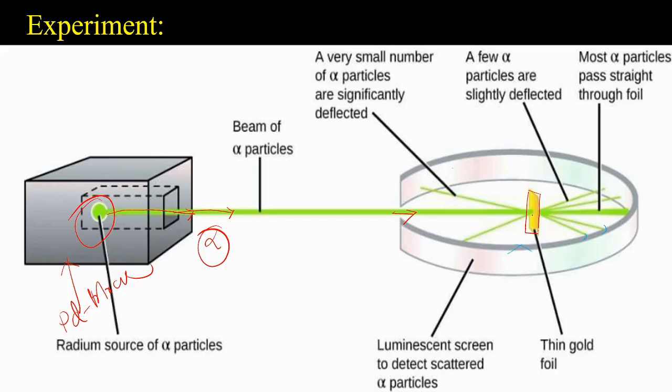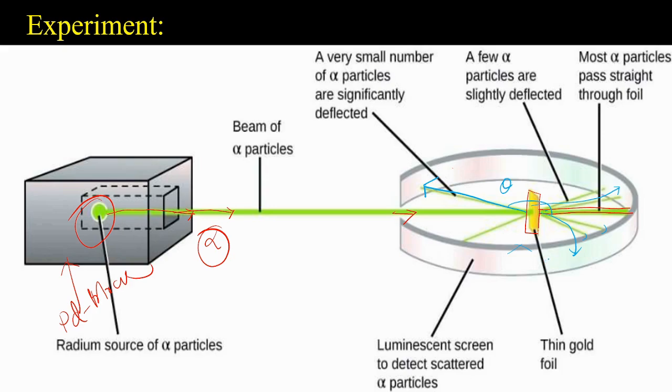After falling on this thin gold foil, most of the alpha particles passed straight through it. Some of the alpha particles got deflected like this, you can see, and some of the alpha particles got deflected at a large angle. So the deflection path here is large.